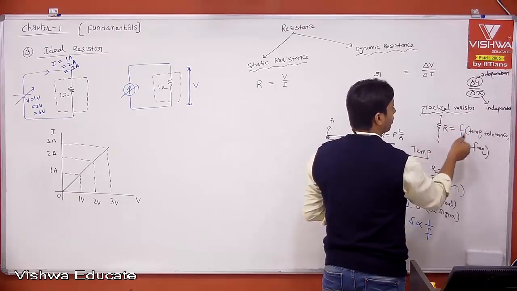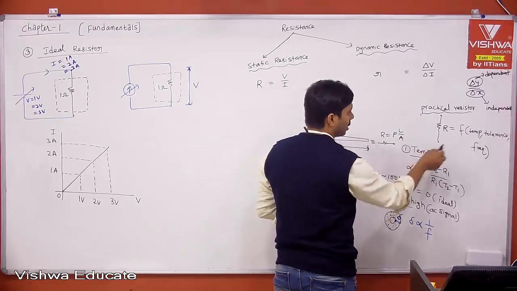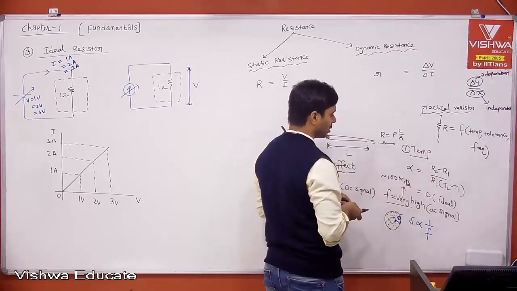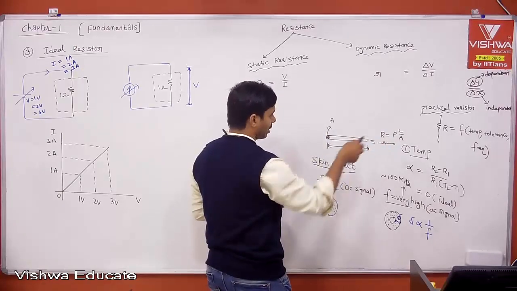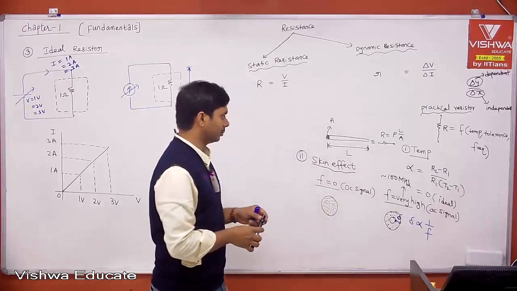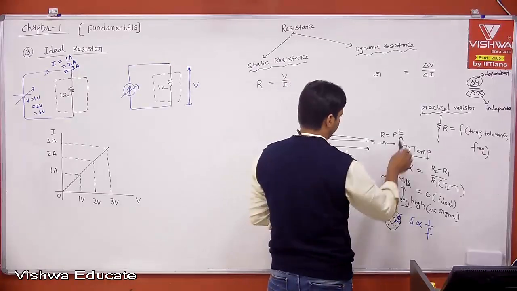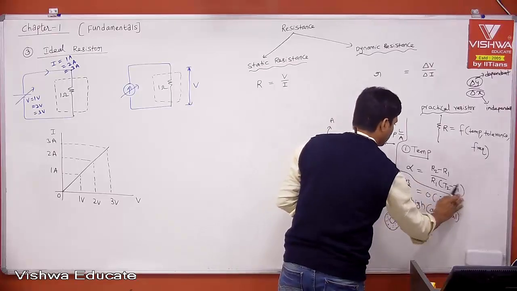The practical resistor is a function of all these three. Maybe you can say this is your temperature effect, tolerance is because of this, and the second one is the frequency effect, skin effect. You can take these two.